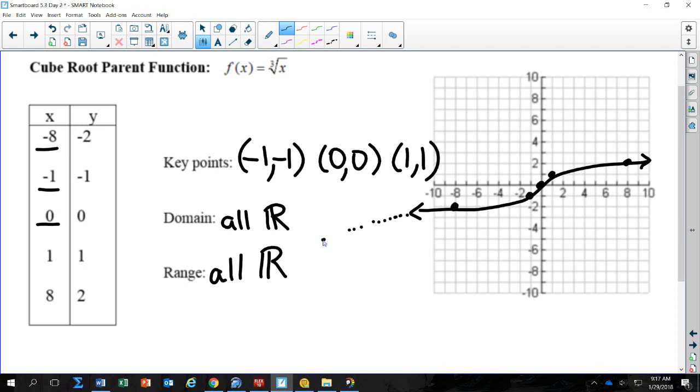It's not a drastic change, but the smaller my x values get, the smaller my y values are going to get. And as my x values continue to increase, this graph is ever so slightly going up. So all my positive y values will also be used, which is why the range is all real numbers. Any questions on that parent function?